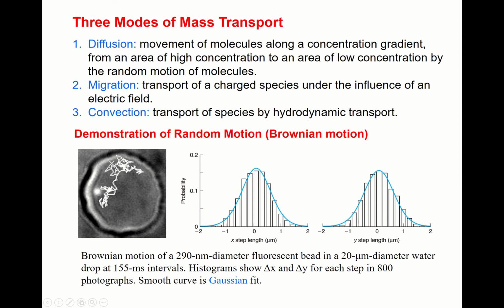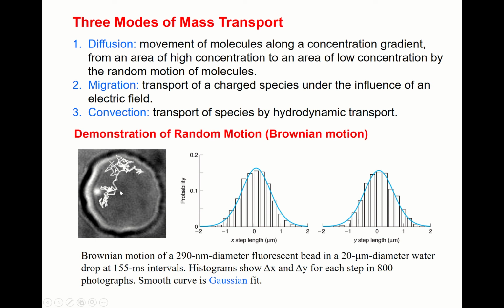Why does it randomly move? Because it is in water. Water molecules are moving. So this fluorescent bead is moving because the water is randomly moving. So it looks like a random motion, random movement in a two-dimensional way.